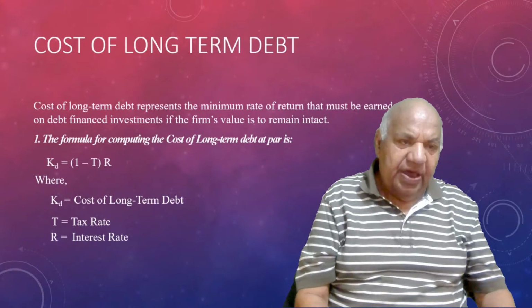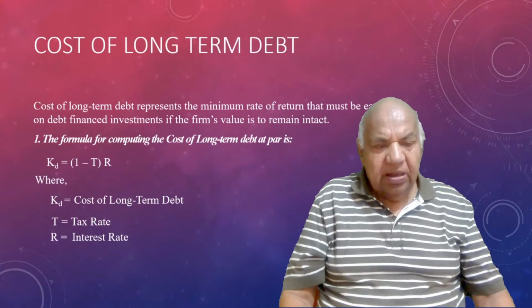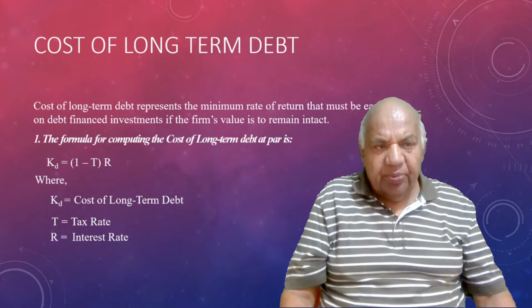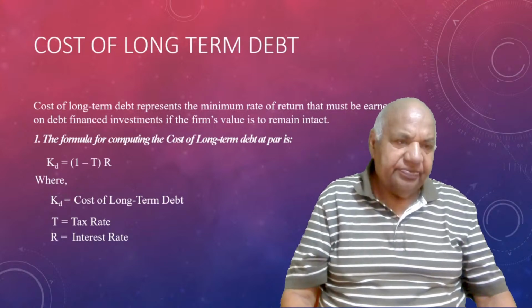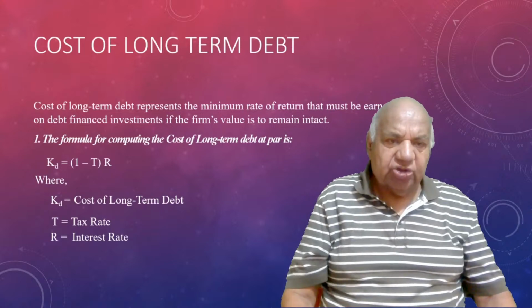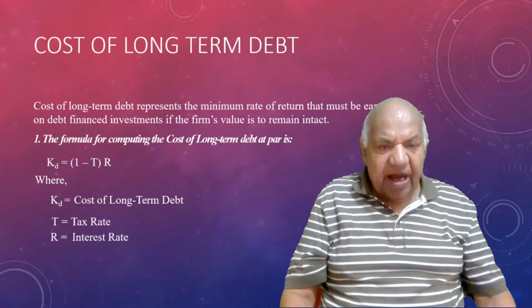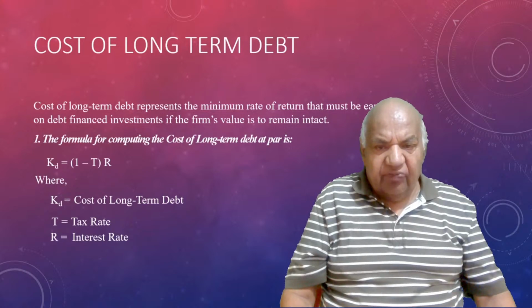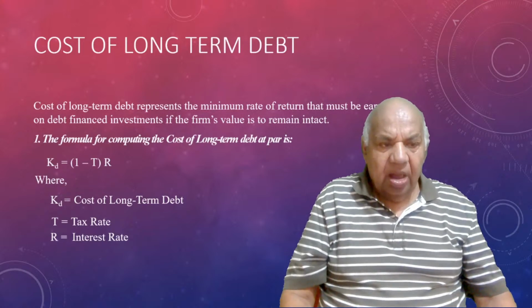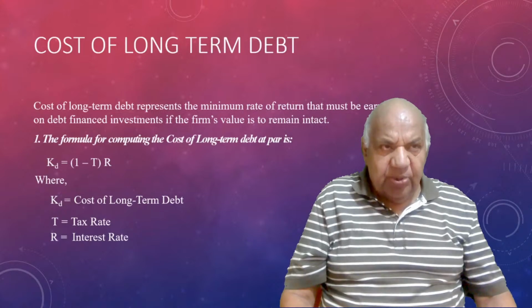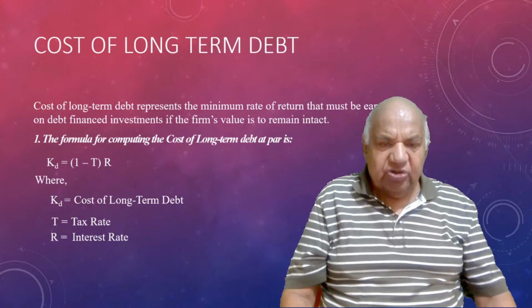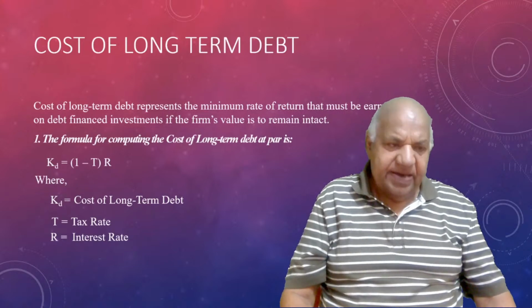Now we are computing the cost of each component of capital. First, cost of long-term debt. Cost of long-term debt represents the minimum rate of return that must be earned on debt financed investments if the firm's value is to remain intact.